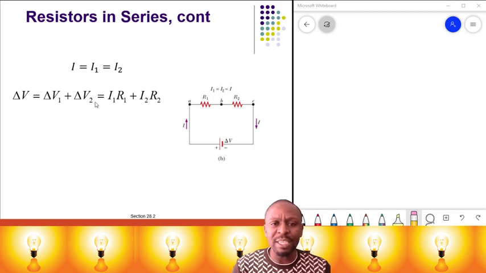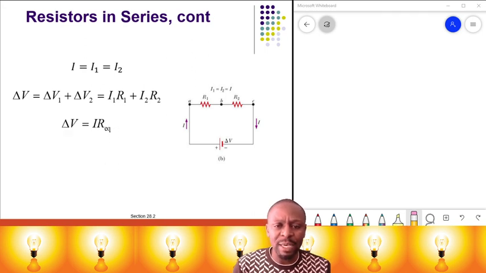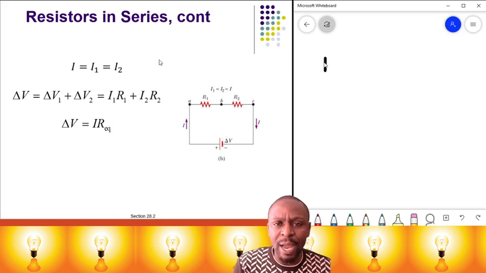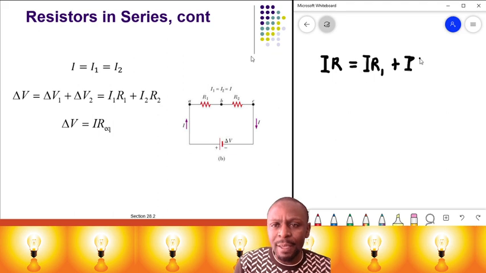The current is the same, therefore this current will cancel with the other one. What I'm trying to say there is you have the change in V, which equals IR, and then for change in V1 you have IR1 plus IR2.